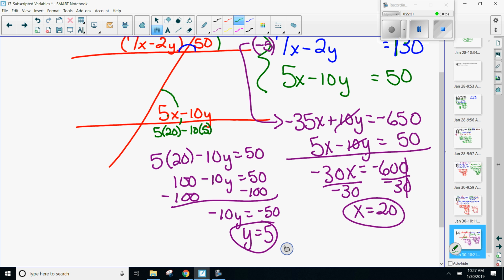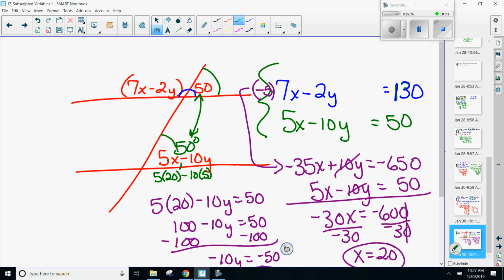What's this angle measure then? 5 times 20 is 100 minus 5 times 10, which is 50. 100 minus 50 is 50. Did we say these angles are equal? Yes. If I put it into the top spot right here, you're going to have 7 times x, which is 20, minus 2 times y, which is 5. 7 times 20 is 140, minus 5 times 2 is 10, which gives you 130.